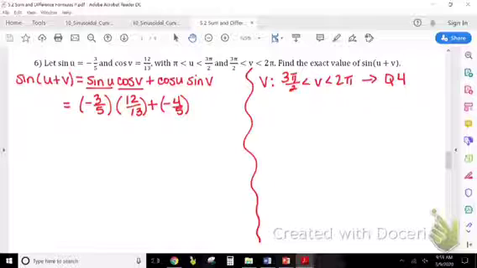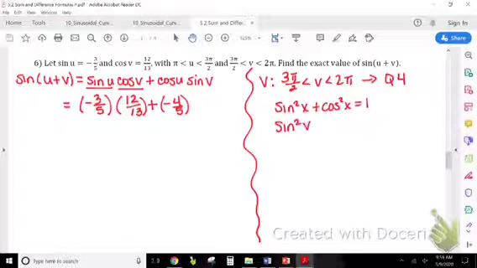All right, so just like before, we know that sine squared of x plus cosine squared of x is equal to 1. This time they gave me the cosine of v, so I'm looking for sine of v. So I'm going to have sine squared of v plus (12 over 13) squared equals 1.